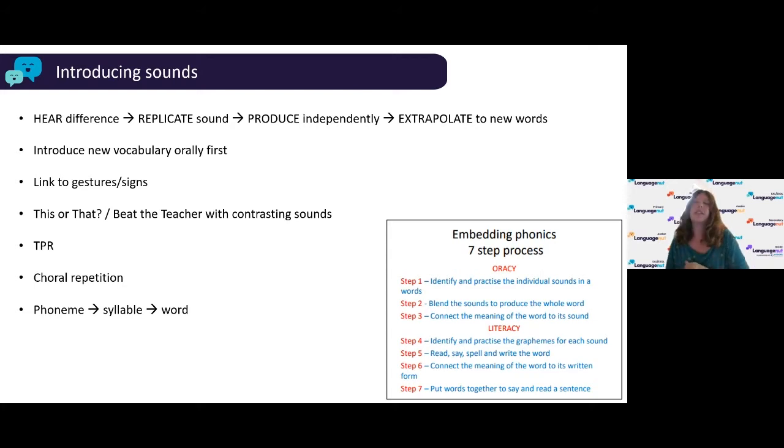And then finally, the next stage is being able to extrapolate the rules and the sound-spelling links to new words. So you can pronounce this U sound or whatever, and then you see another word written with the spelling of that sound in the target language, and you can pronounce it. So you can look at unfamiliar words and pronounce them using those rules. So that's what we're trying to do.